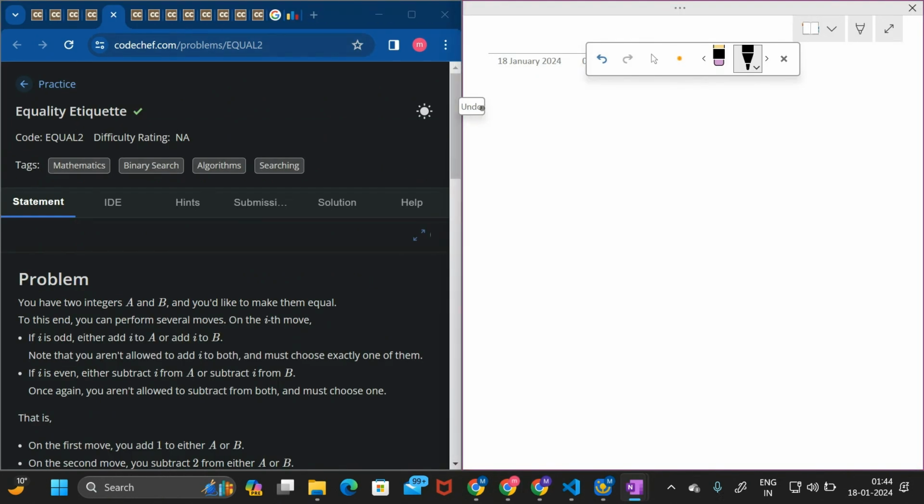So we have initially two integers A comma B, and we have to do, let's say, n moves, and we have two cases.